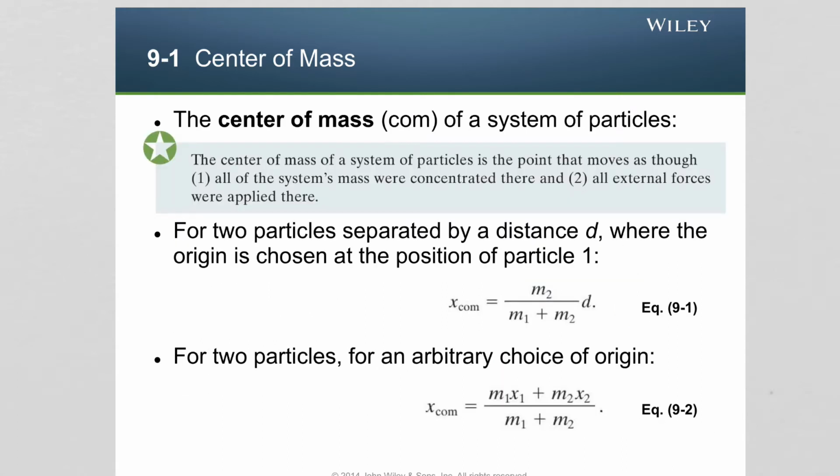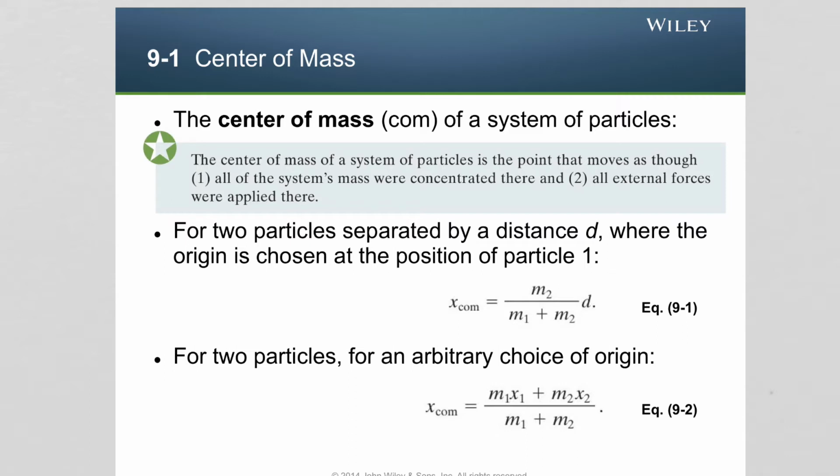In this context, I can state the following definition for the center of mass, or COM, of a system of particles. The center of mass of a system of particles is the point that moves as though, first, all the system's mass were concentrated there, and second, all external forces were applied there.